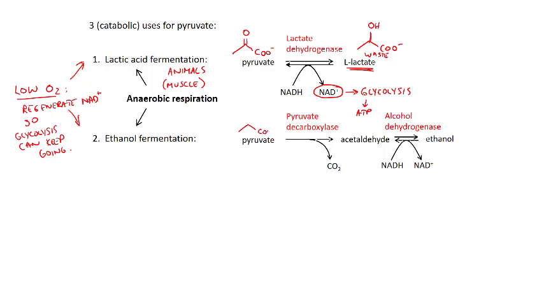So yeast and certain bacteria have a different, somewhat more complicated way of dealing with this problem, and that's ethanol fermentation. So in ethanol fermentation, we have a two-step reaction. First of all, pyruvate loses its COO group in the form of CO2, and that gives us acetaldehyde. And then acetaldehyde can be reduced to ethanol by an enzyme called alcohol dehydrogenase.